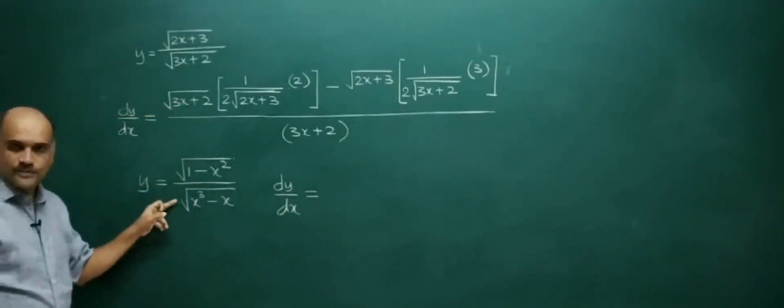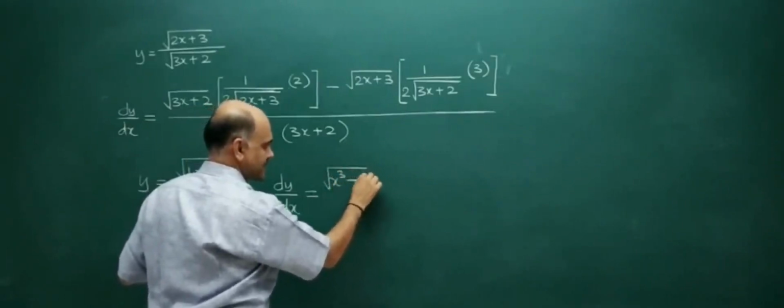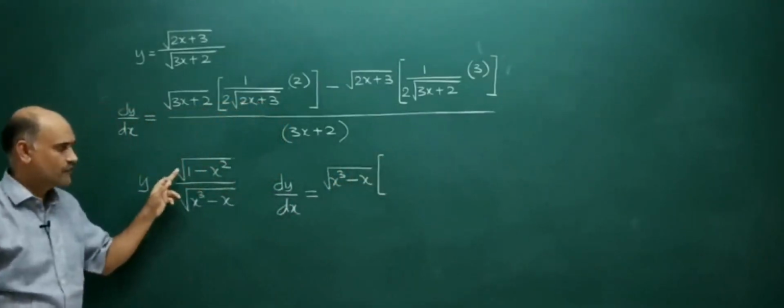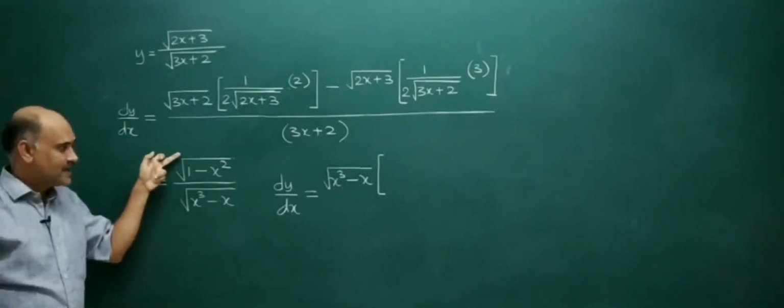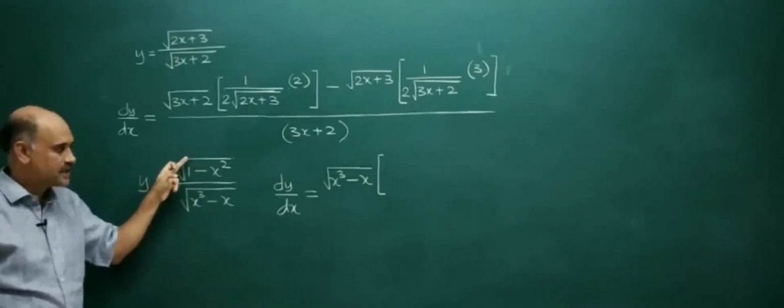So first denominator, root of x cube minus x, into differentiation of numerator. While differentiating the numerator, first differentiate the root.